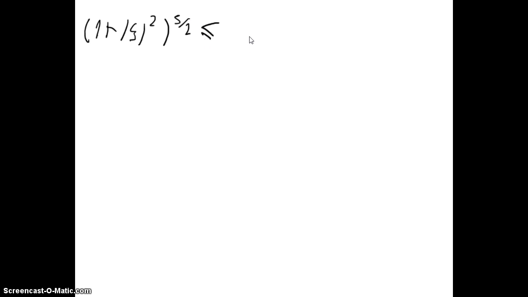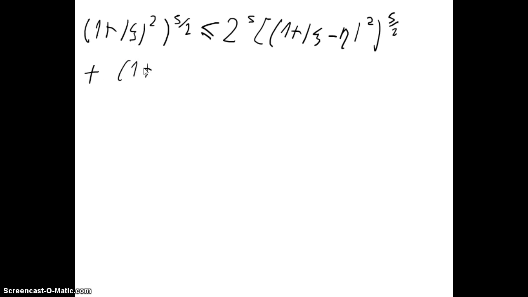Okay, this bound, just adding and subtracting eta and making some calculations, you have that this is less than or equal to 2 to the s, (1 plus |psi minus eta|^2)^(s/2) plus (1 plus |eta|^2)^(s/2). Okay, so this will be important.